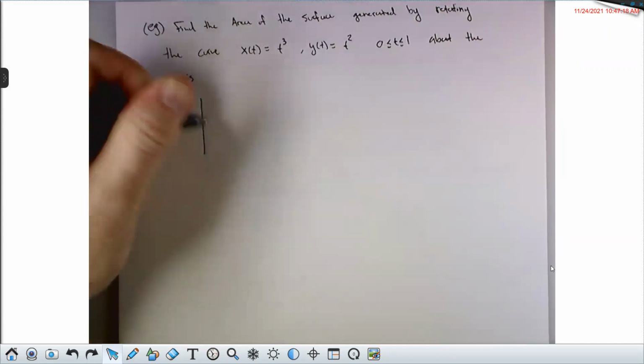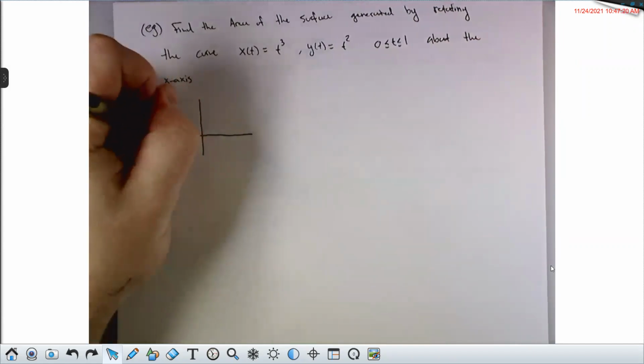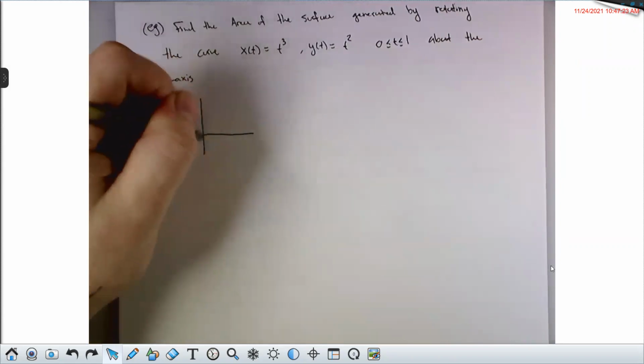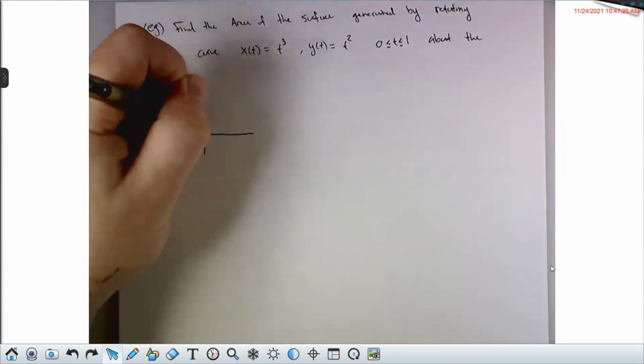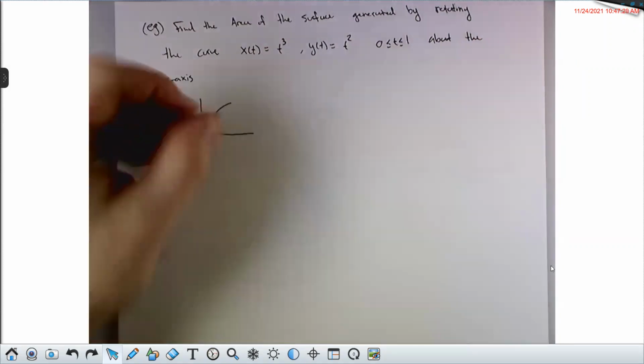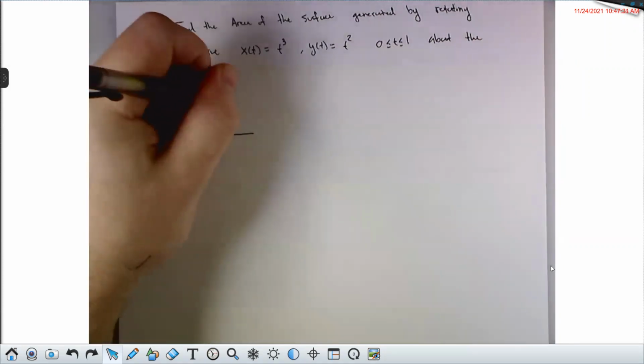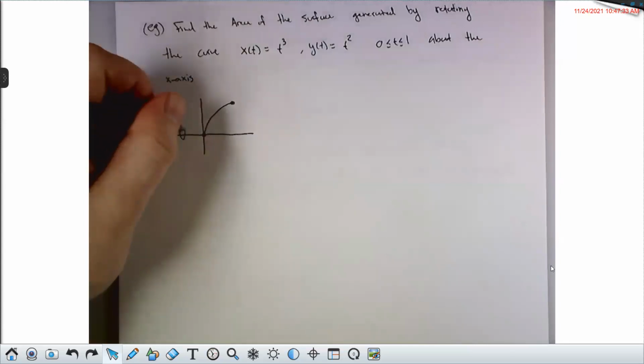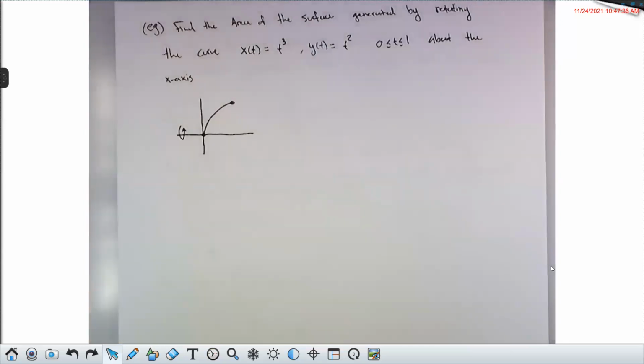So the curve here, we know the whole curve is this cusp form. We're just looking at this portion of it, from here to here, and spinning that about the x-axis.